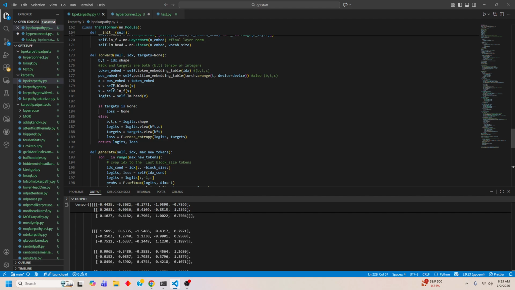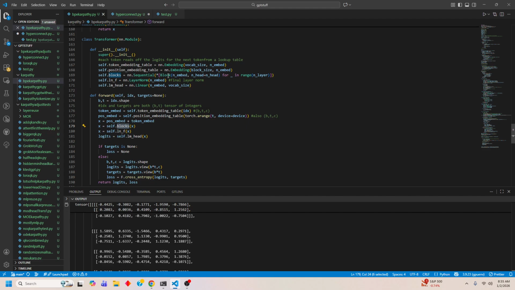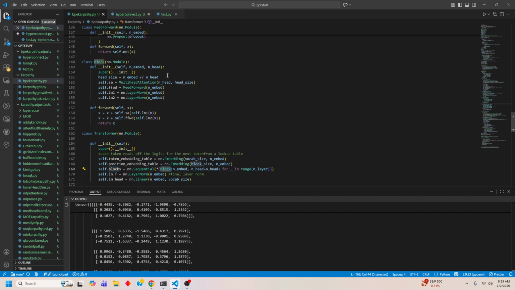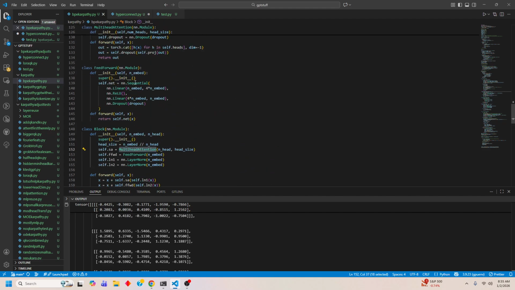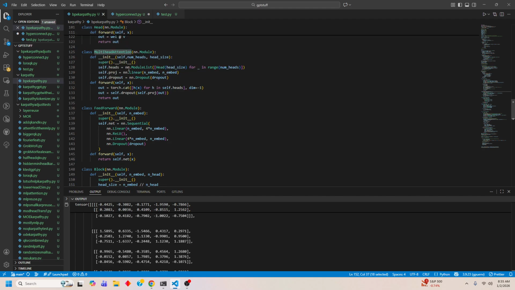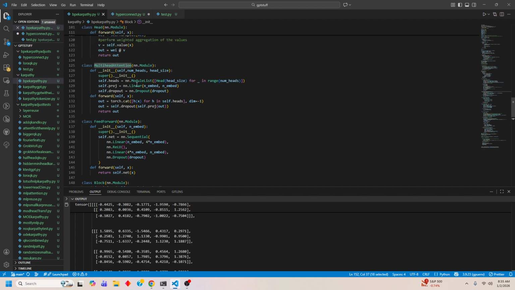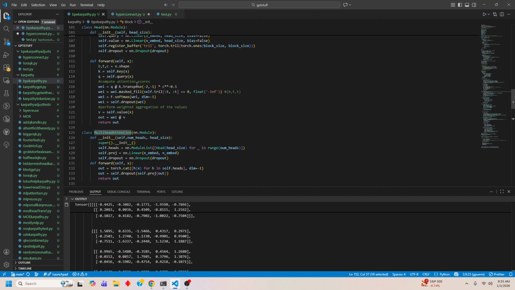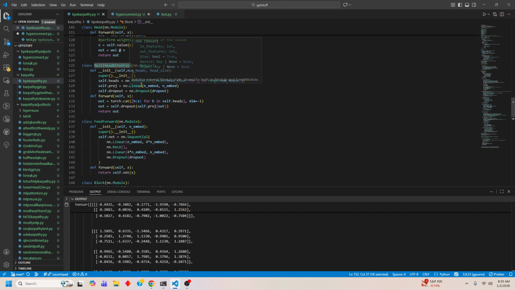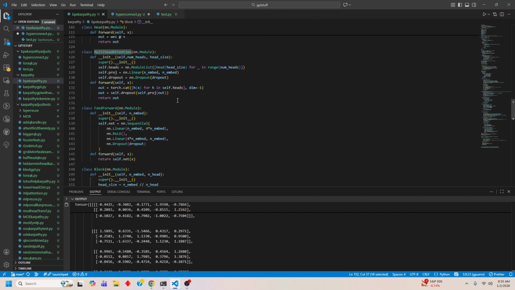Let's see, so use the blocks. Where is this at that I'm looking for?